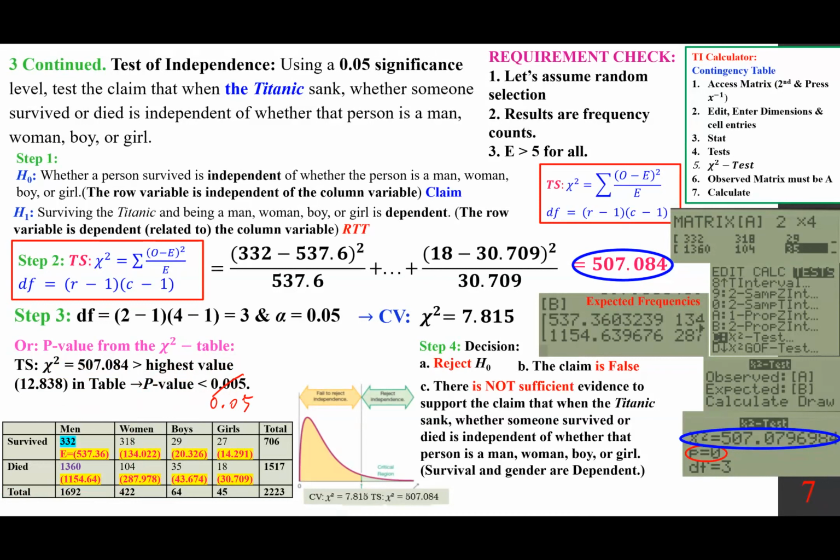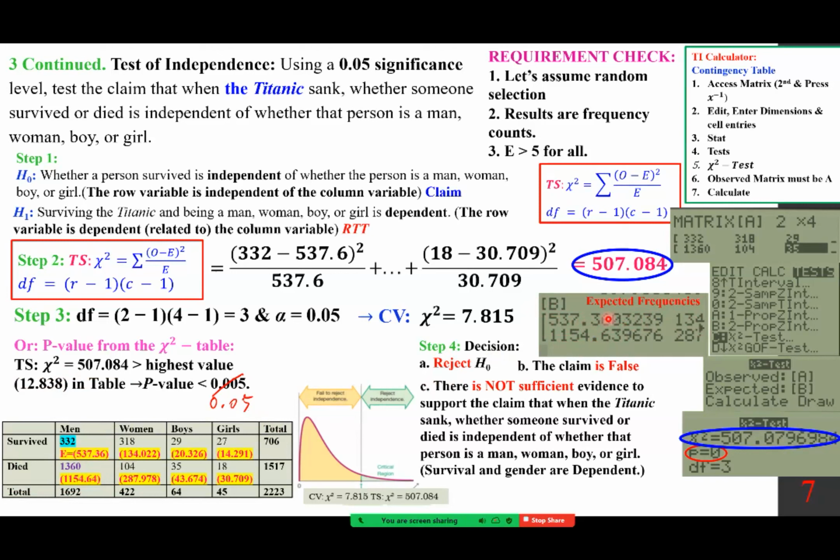What I want you to notice is the expected frequency. Notice the B matrix. Look at this value, 537.36. This value that you calculated is here. Look at the bottom, 1154.64, right?